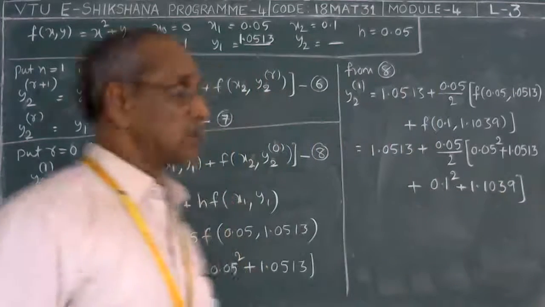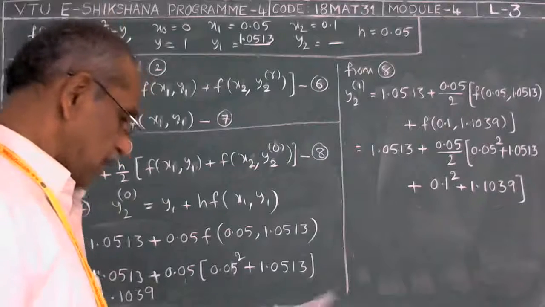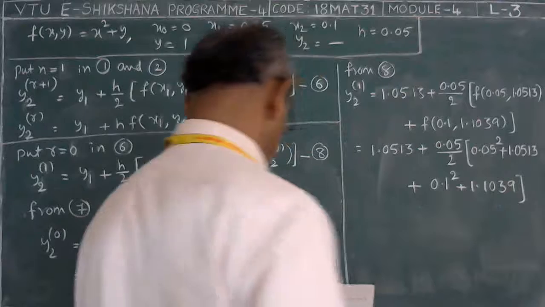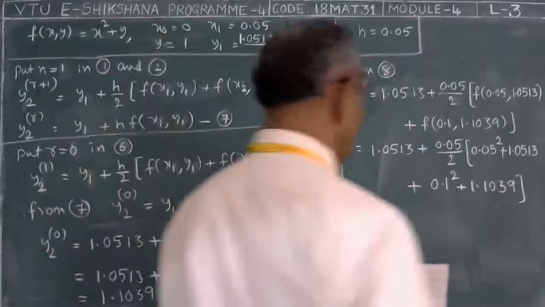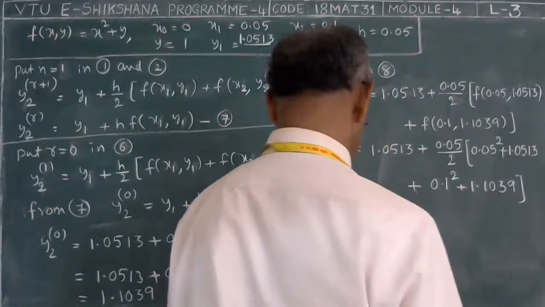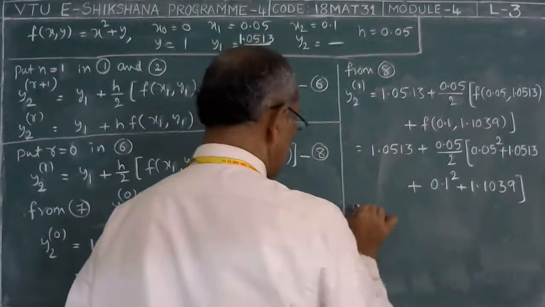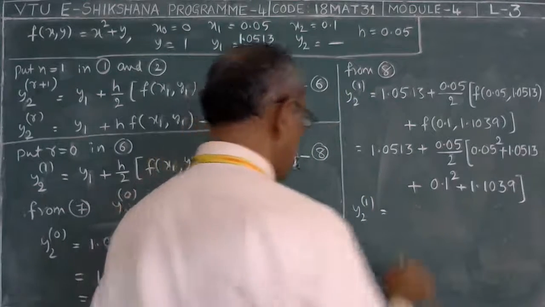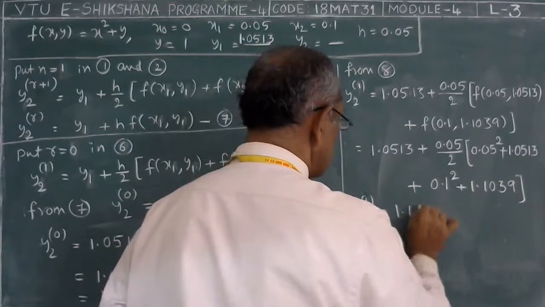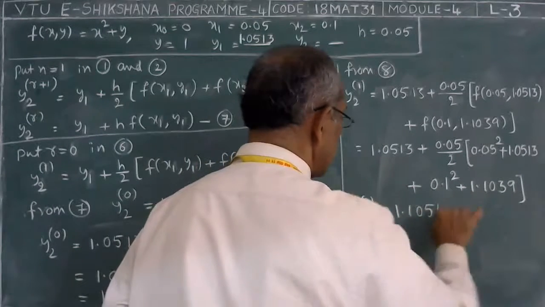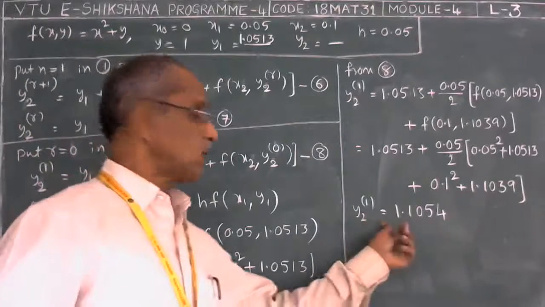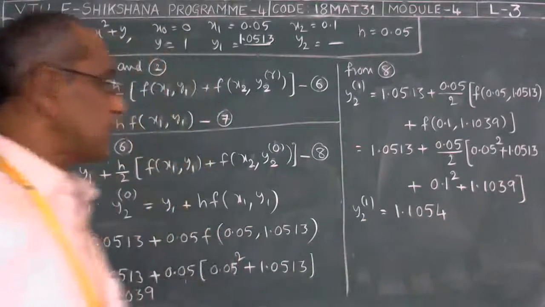If you carefully calculate this, you get y21 equal to 1.1054. This is the value of the first iterative value.